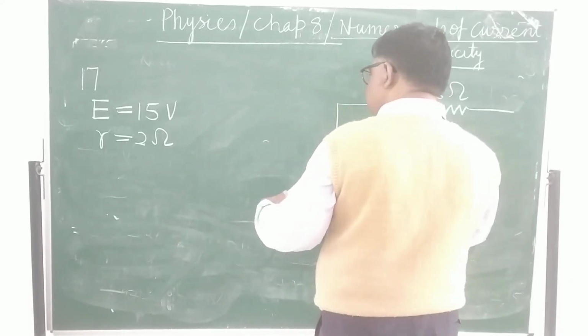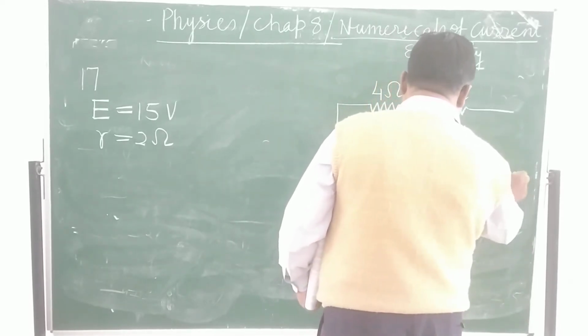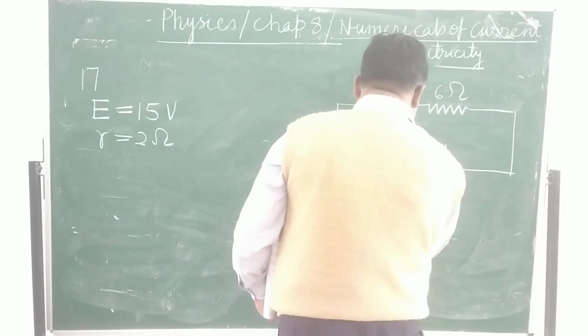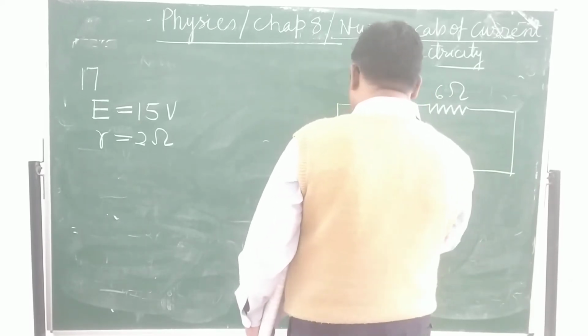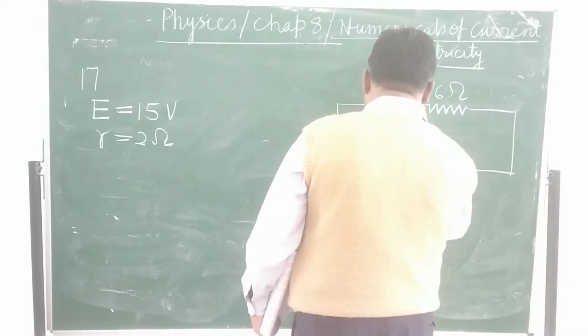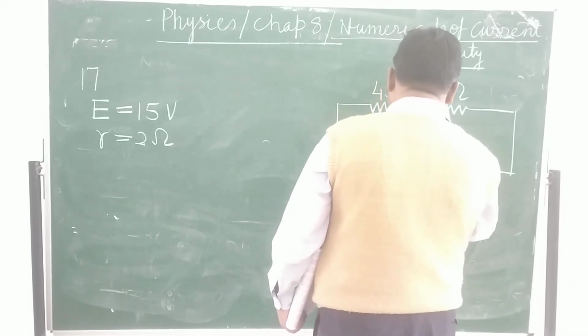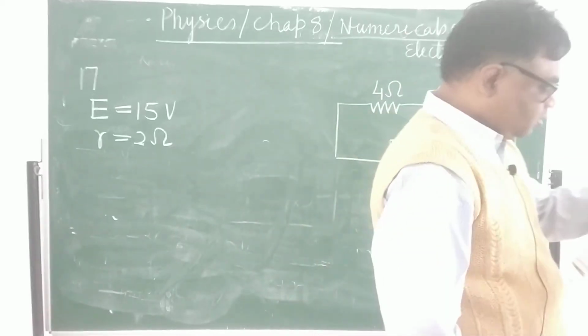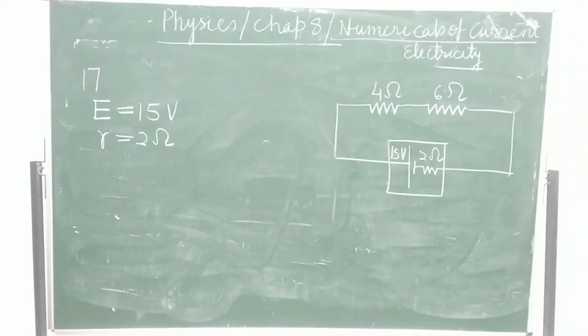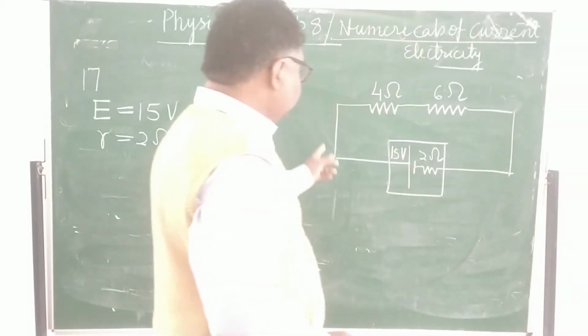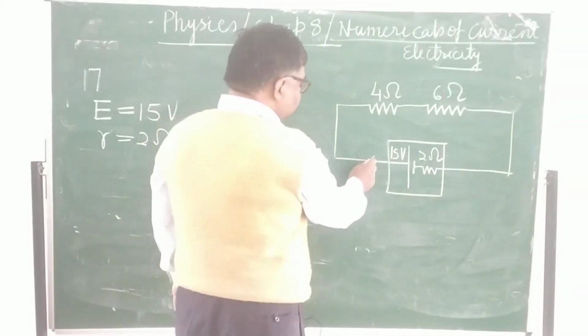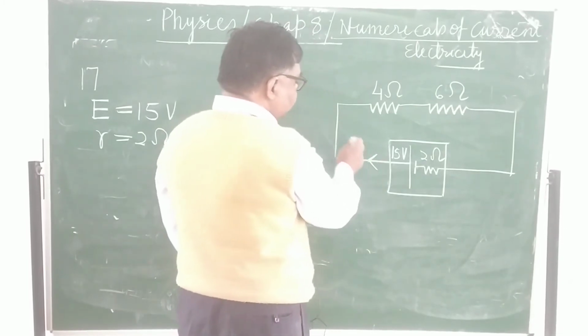This is the battery. This is 15 volt and this is 2 ohm. You have to find the electrical energy spent per minute in the 6 ohm resistor. How much electrical energy is spent in the 6 ohm resistor in 1 minute.